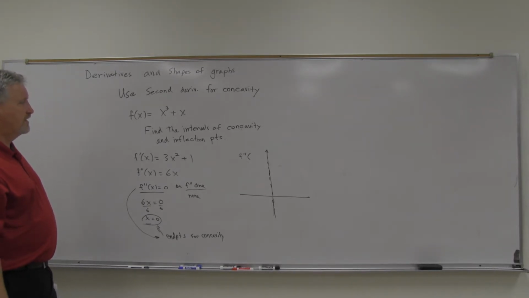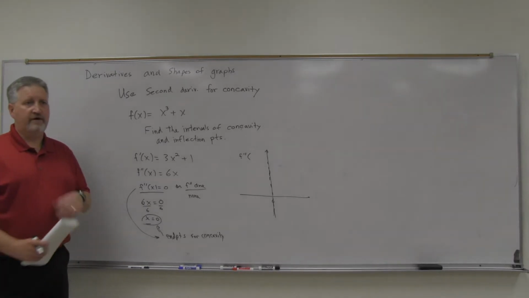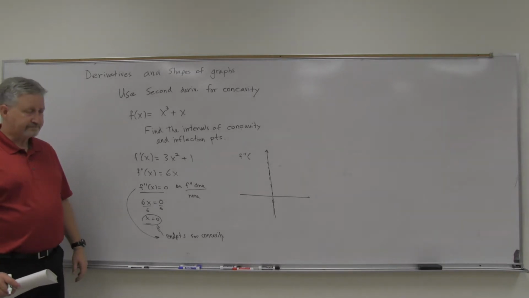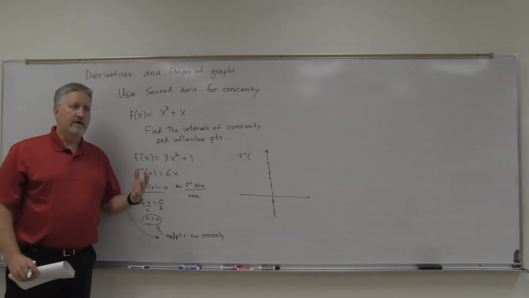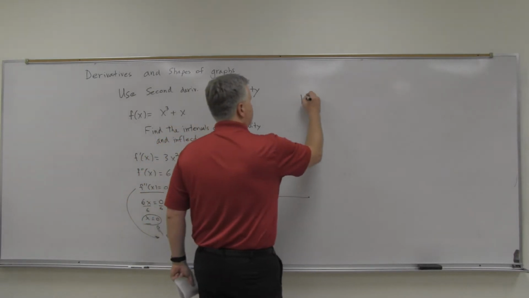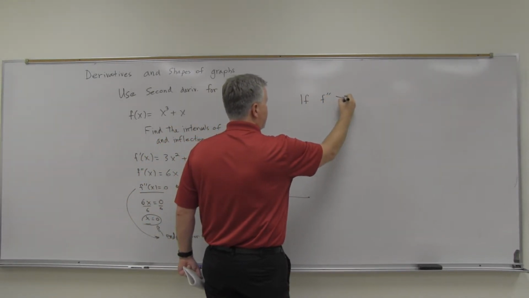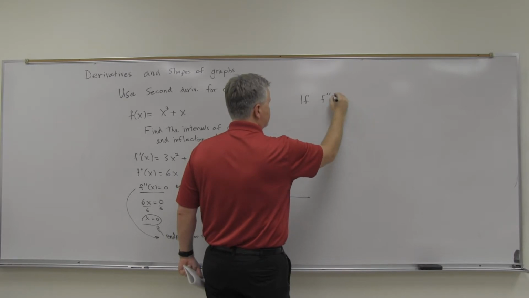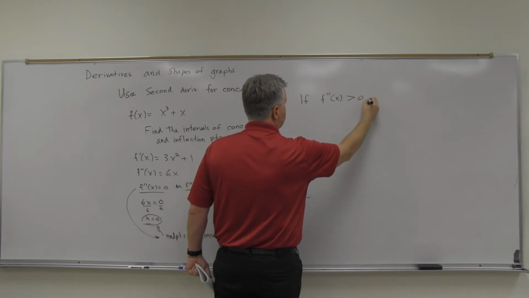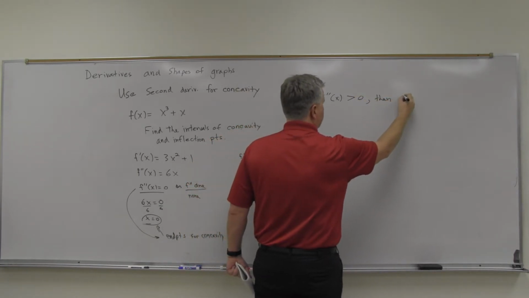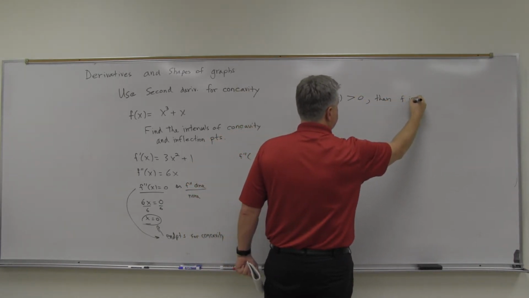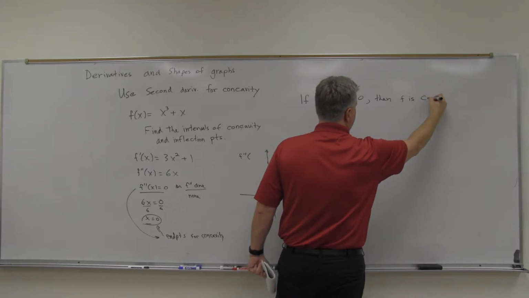All right, so here's how it works on the second derivative. If f double prime is greater than 0, then f is concave up.